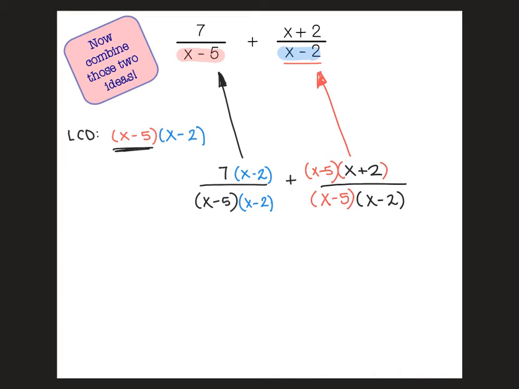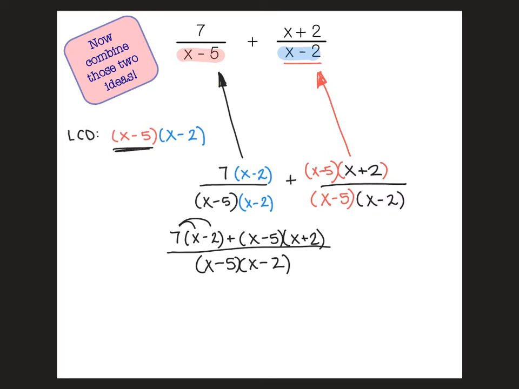Now that I have a common denominator, I can make this one really large addition problem. So I'm just going to write this all together. Once you've done that, you want to simplify the numerator as much as you can.